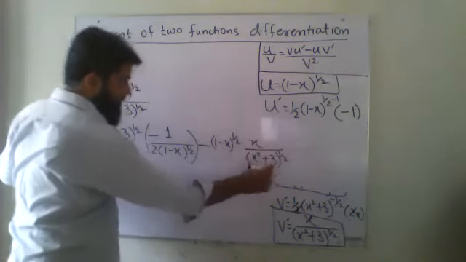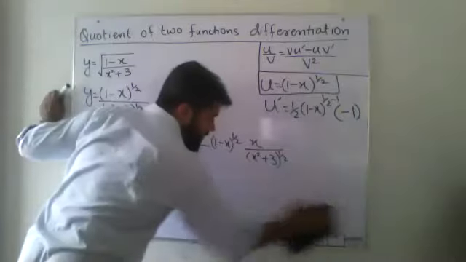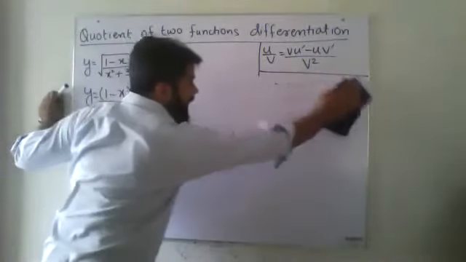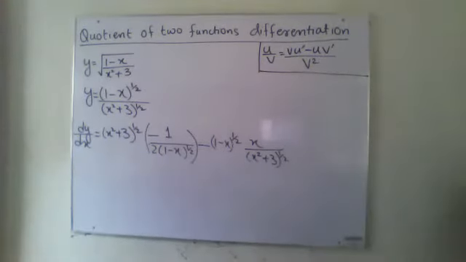This is my v differential. Okay, so I have just plotted all the values which are needed according to the rule. I haven't solved it, I have just plotted the values. Now you have to solve it also, beta.